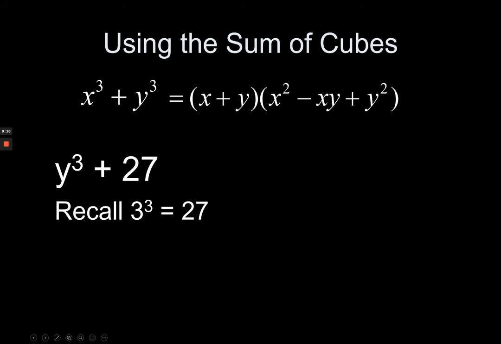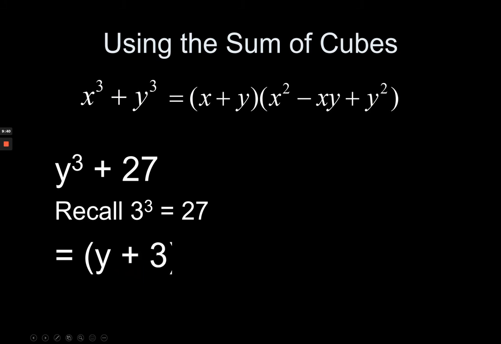So to factor using your formula, here x becomes y. So your first part of your factor is y, plus the cube root of 27, which is 3, so it's plus 3.